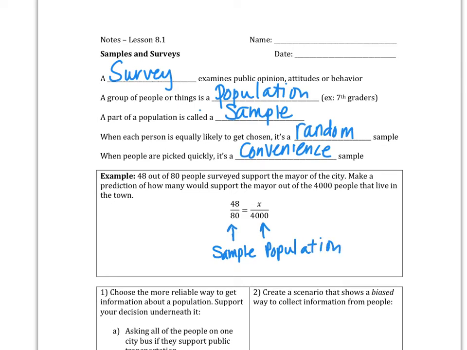And the bottom number is the size. So the 80 would be the size of our sample, and this would be the size of our population. This is the total. So the total of our sample, the total of our population. And this one right here is what we're trying to look for. So here it would be how many would support the mayor. So this would be a yes vote.